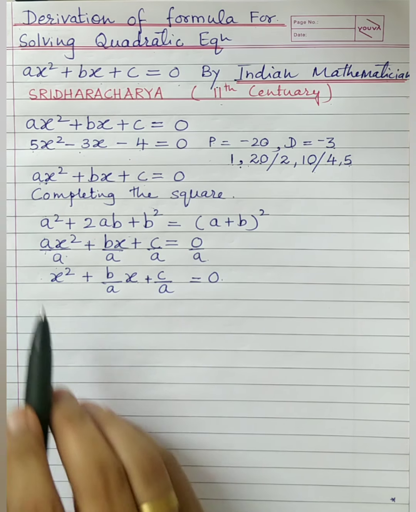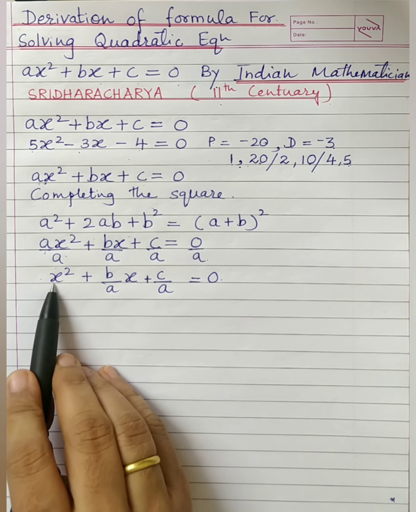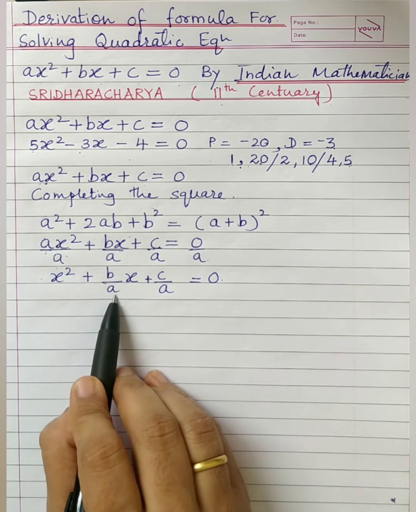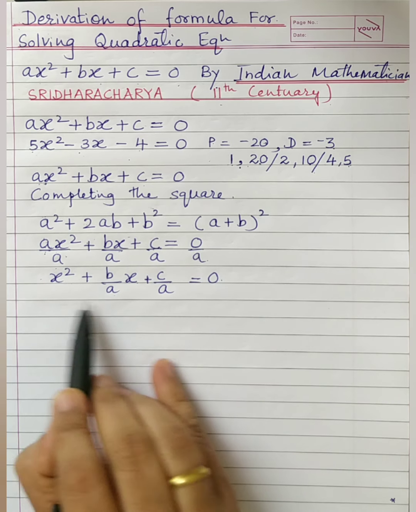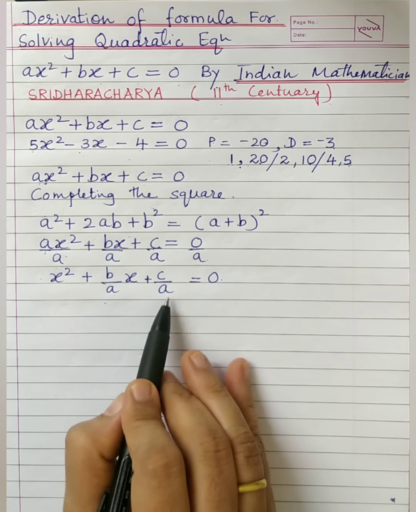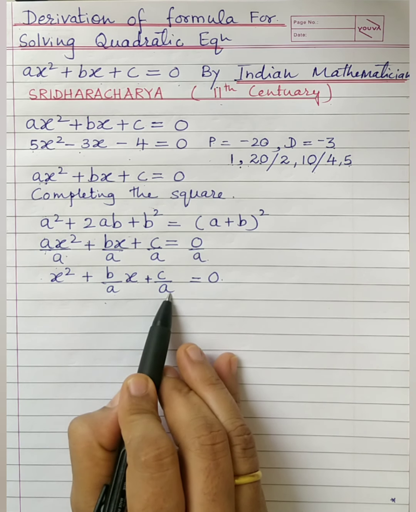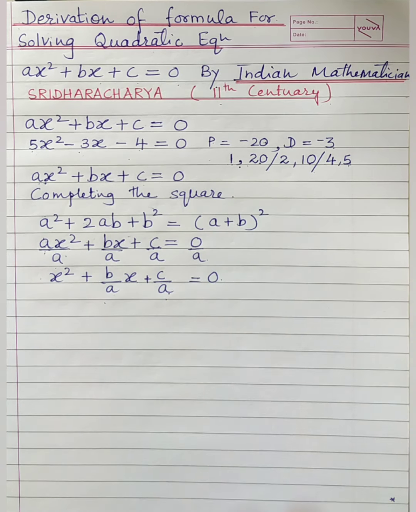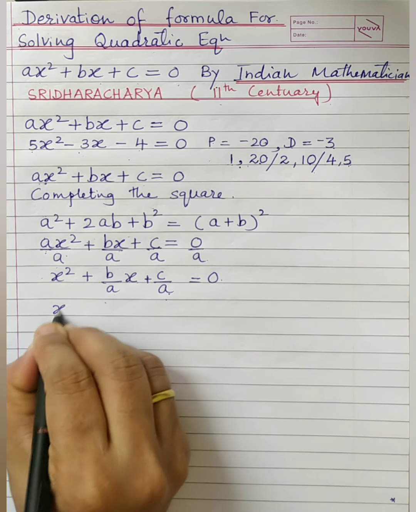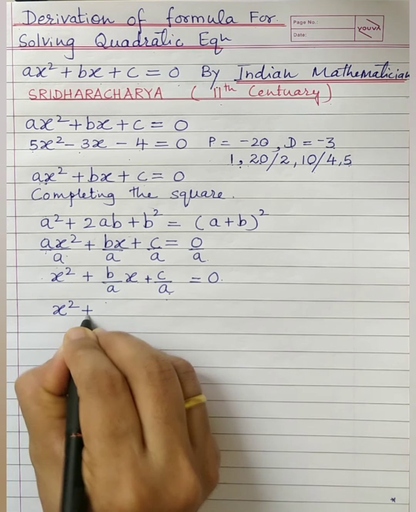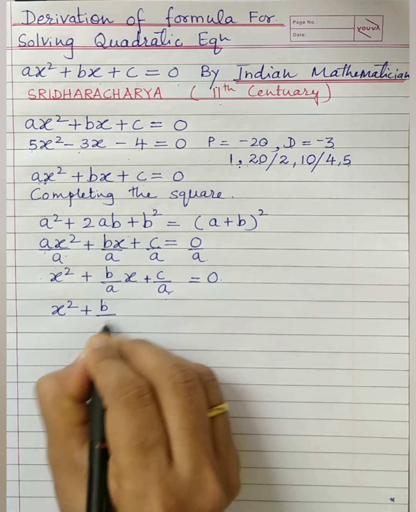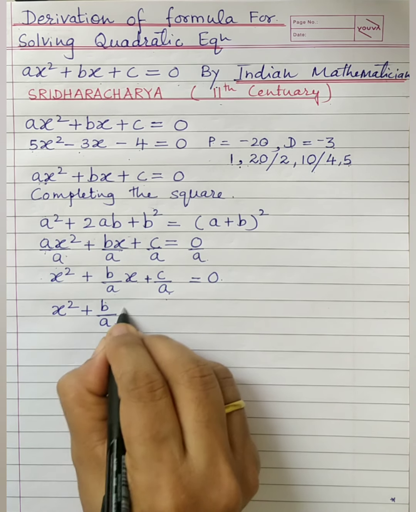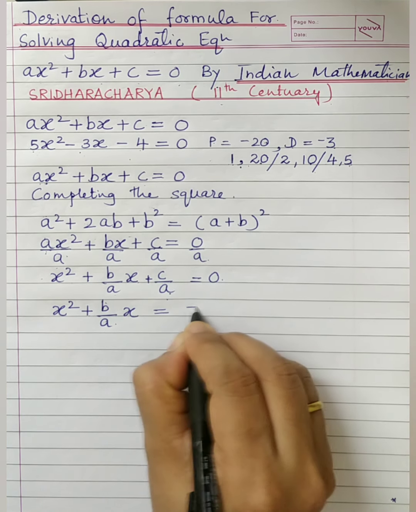Now what is done here is x square plus b upon a x, we consider it as the two terms. And the third term, we do not know whether it is a perfect square or not. So we just shift it for the time being to the right hand side. So you have on the left hand side x square plus b upon a x is equal to minus c upon a.